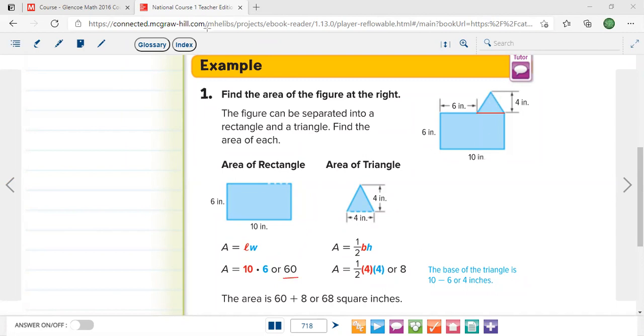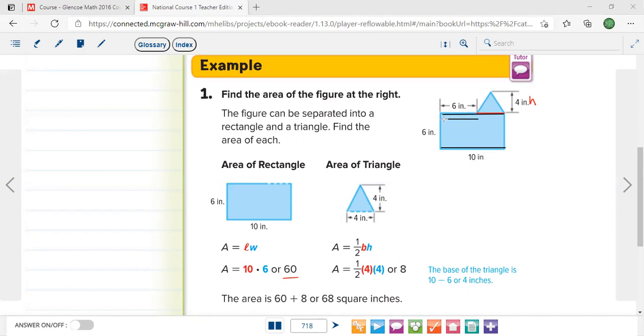And for the triangle, it needs base and height. The height is clear as 4, so we need to find out what the base is. Of course, in the rectangle, this side is exactly the same as this one. So if this one is 10, this one is 10 as well, and a part of it is 6.